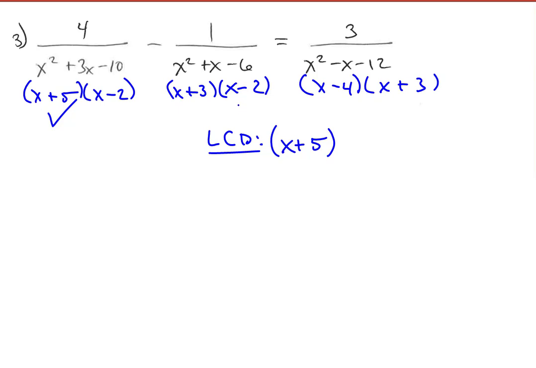Notice there's another x minus 2 in that second denominator, but it's not a higher power. It's not a squared or cubed power of that x minus 2 factor. So we'll use a single one, x minus 2, as the highest power representative, which would represent both of those x minus 2s, so check them both off. Then we move on to the x plus 3.